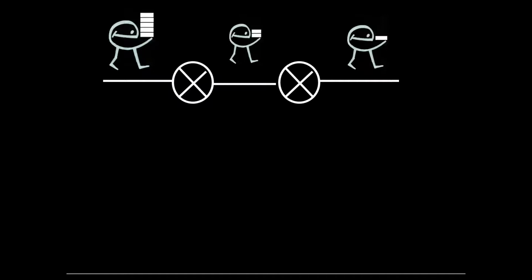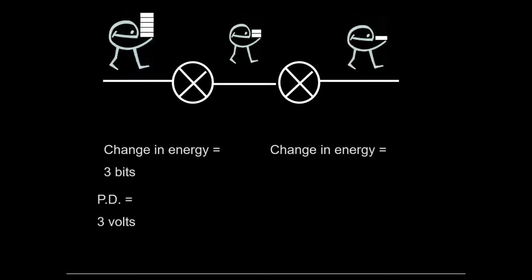And here, it looks to me like on the first one it's 3 volts, and then the second one only seems to be losing 1 volt. So those two must be different bulbs. They must have different ratings. In some way or other, they're different, and different amounts of energy are being used.